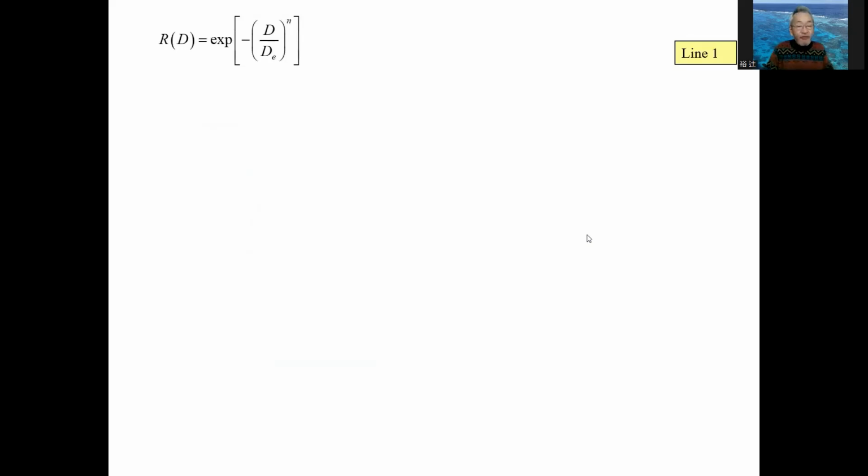First, I show the formula of the Rosin-Rammler distribution RD, which has been described in the previous page. This formula can be transformed to the second equation on the first line. Taking the logarithm of this expression gives the third expression on the first line.